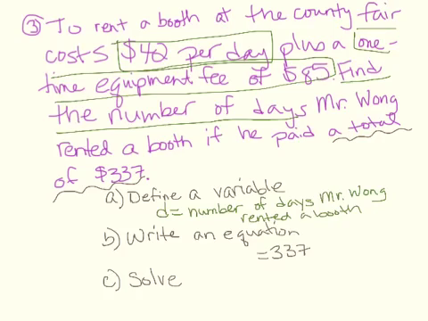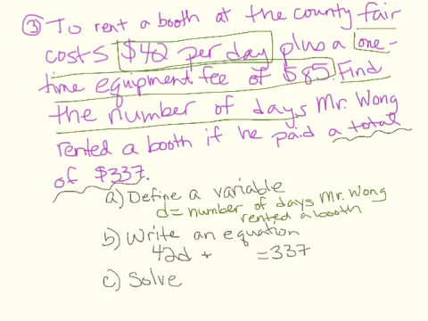So the 42, they tell us 42 per day. That means the 42 is going to be multiplied by the number of days. For the 85, it's a one-time fee. That means it does not matter how many days it is.